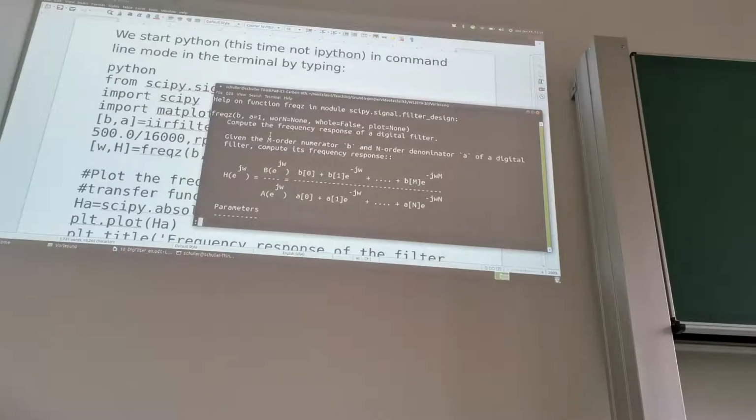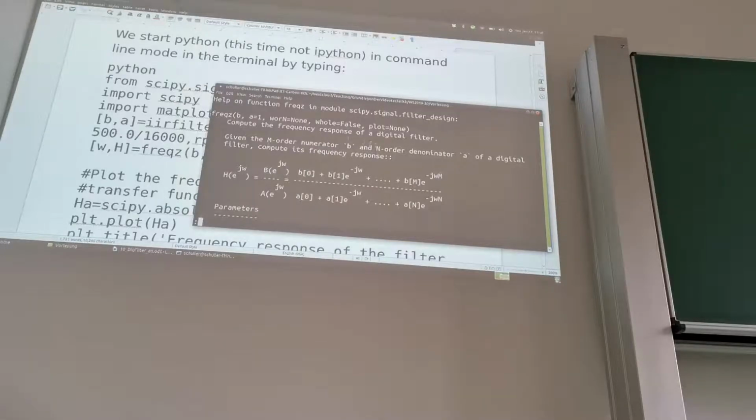Then here this is the number of frequency points that you could specify here. Whole means if you want to have the output from 0 to pi or from 0 to 2 pi. By default it's 2 pi. And here you can also specify some plotting function if you want.